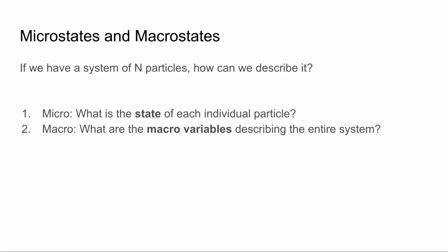So the micro asks what is the current state of each individual particle. I'll give an example later. And the macro is talking about something called macro variables, thermodynamic variables that describe the entire system as a whole. Such variables include pressure, volume, number of particles, temperature, and so on.